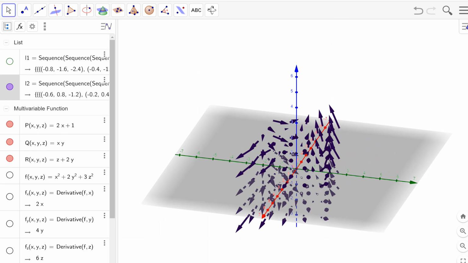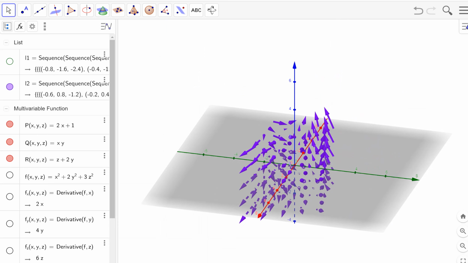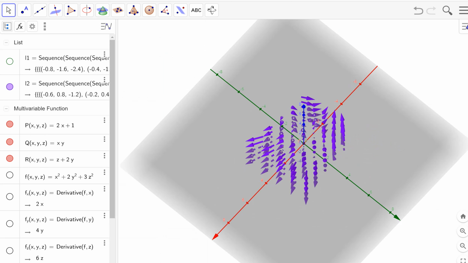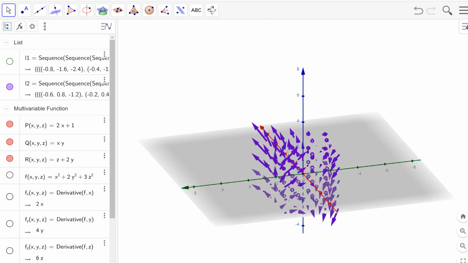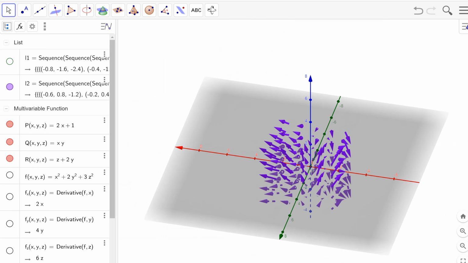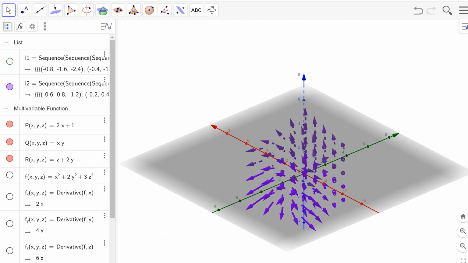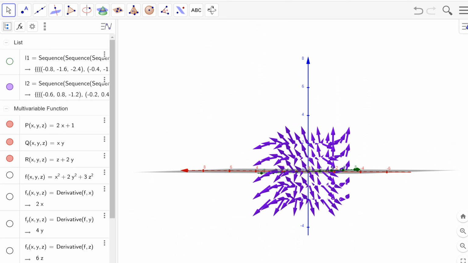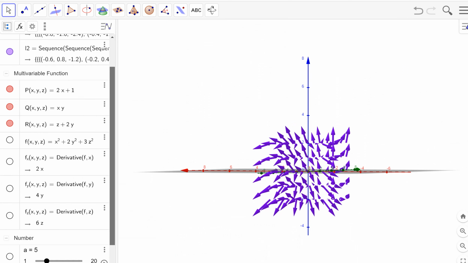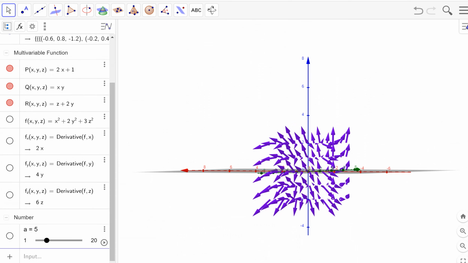Okay, and you can see this is the vector field. You can input different coordinates, and then it can generate different vector fields. By the way, A is the scale.